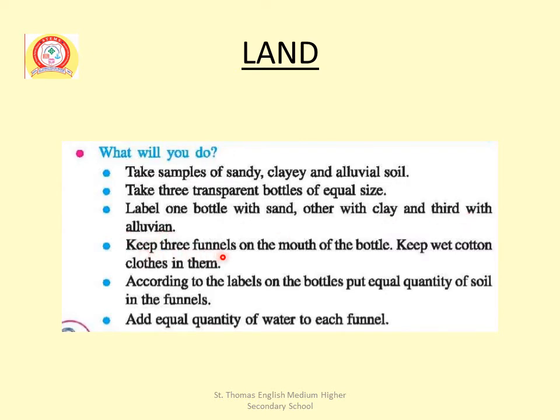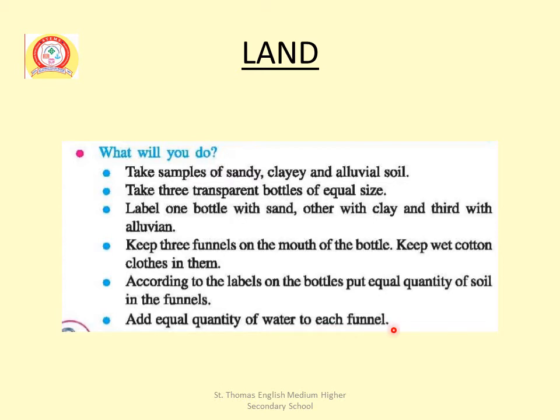Keep 3 funnels on the mouth of the bottles. Keep wet cotton cloths in them. According to the labels on the bottles, put equal quantity of soil in the funnels and add equal quantity of water to each funnel.